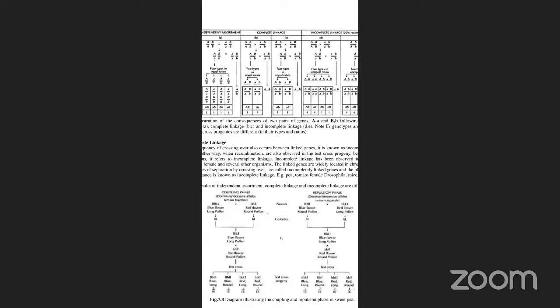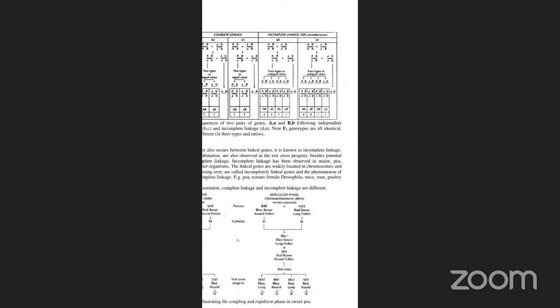So are you getting my point? That means capital A should only link with capital B, there is no such rule. Capital A can link with small b also. So in such a case also, you will get a 1:1 ratio, but the combination will differ. That is called complete linkage.